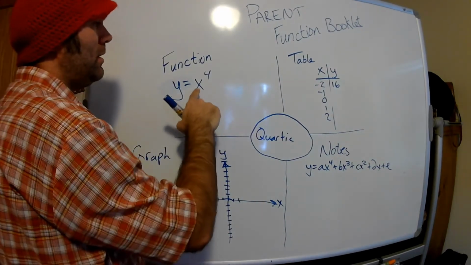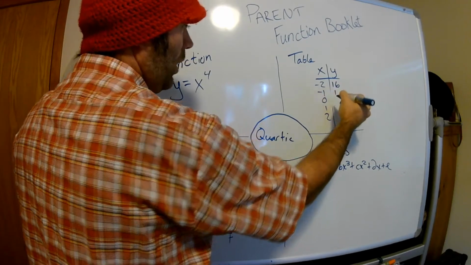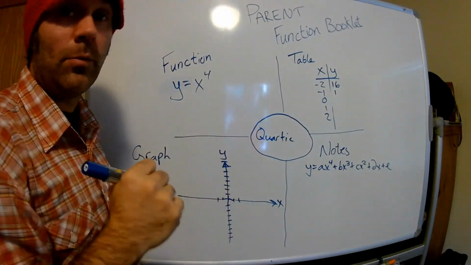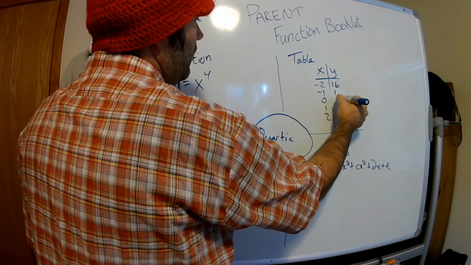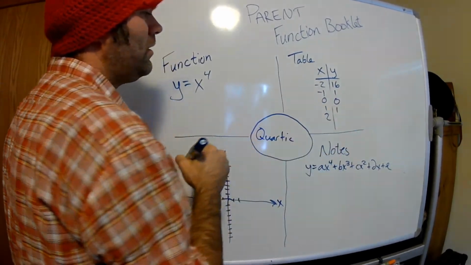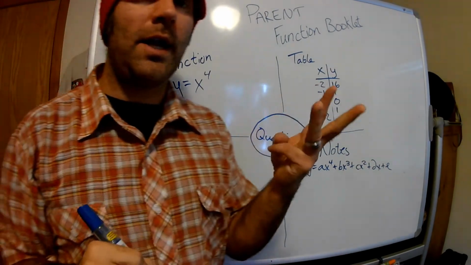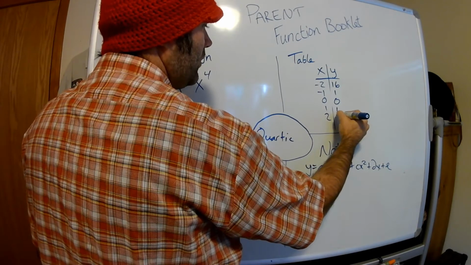And then -1 to the 4th is 4 negatives, so it's a positive 1. 1 times 1 times 1 times 1. And then 0 times itself, total of 4 times is still 0. And then 1 to the 4th is 1. And 2 to the 4th is 2, 4, 8, 16. So 16. 2 to the 4th is 16.